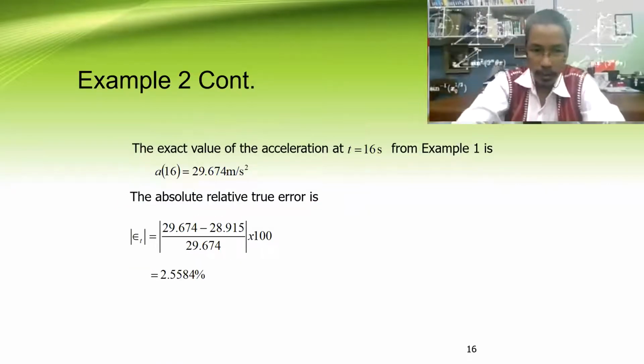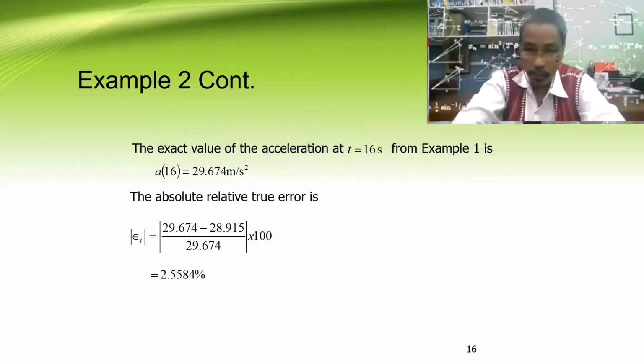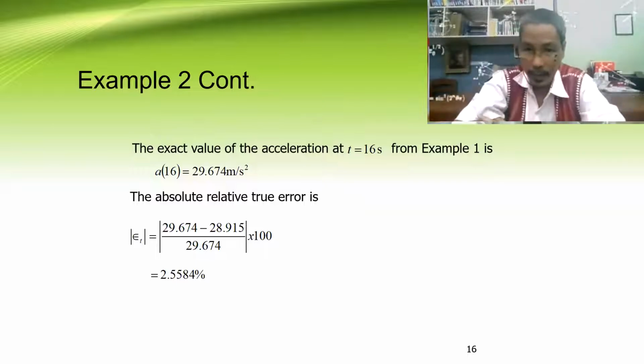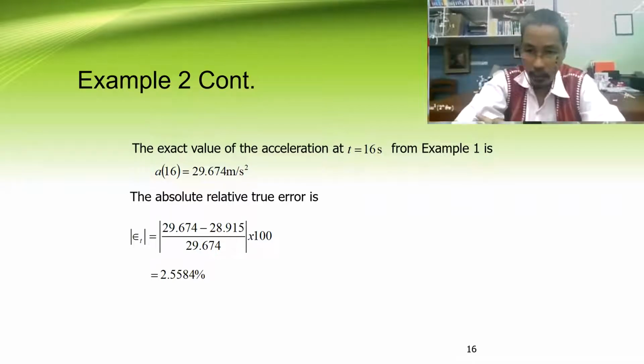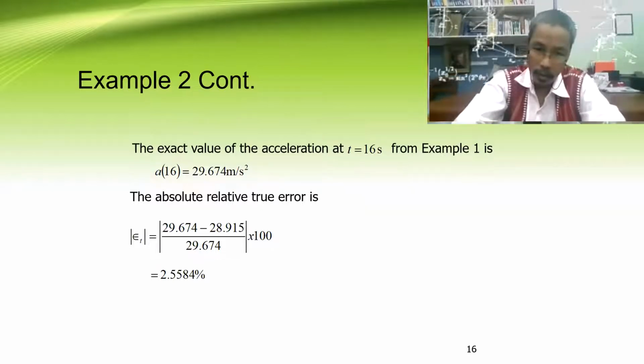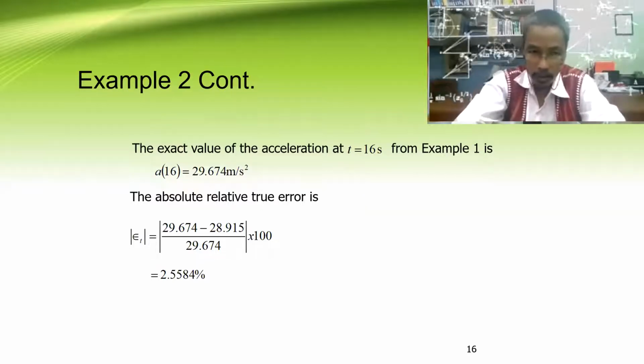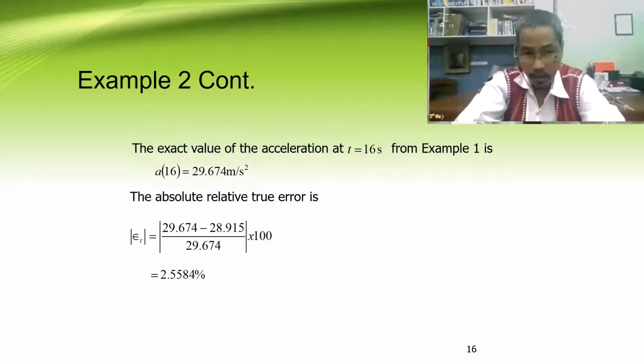Now, let us continue in order to get an idea of how far we are from the true value. We can compute the requirement of letter B: what is the absolute relative true error?